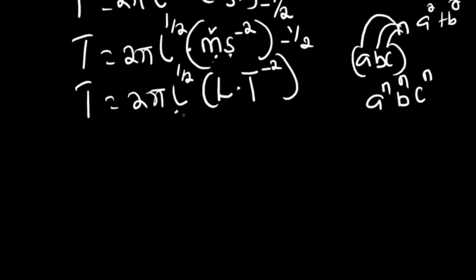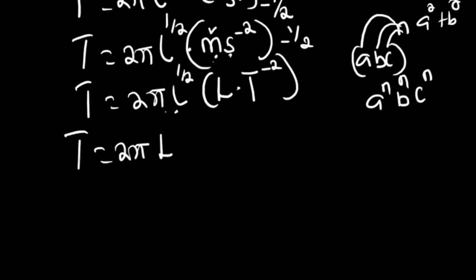Remember that this L refers to the length, and the dimension for the length is capital letter L. Hence, we're now going to have T is equal to 2π, then multiplied by L. Please raise it to the power of half, because the L already has the power of half on top of it.